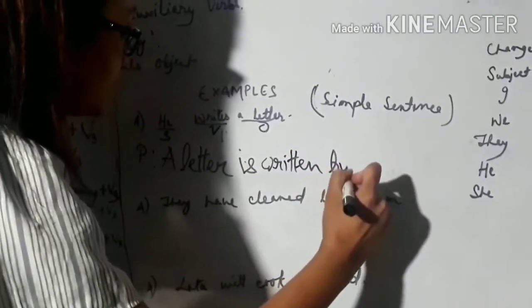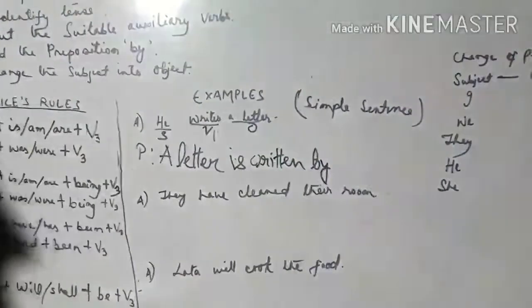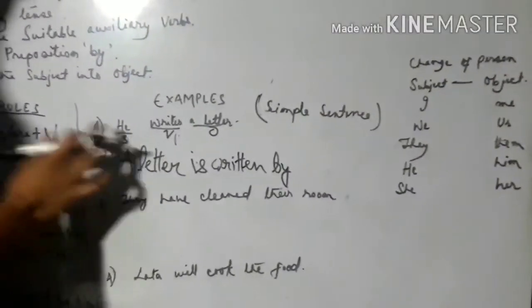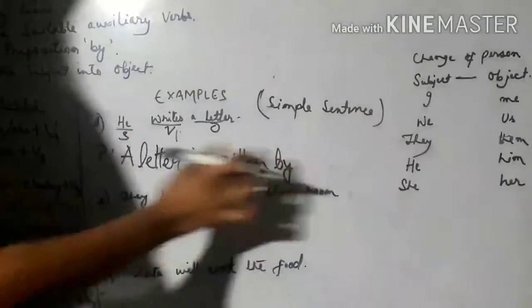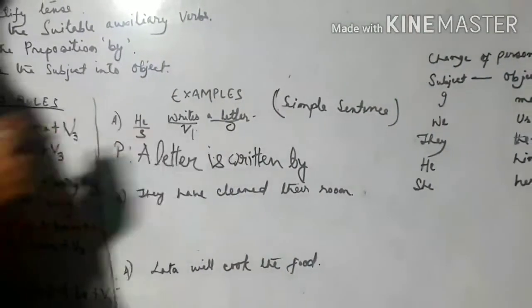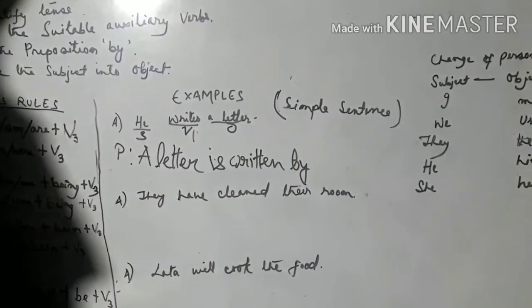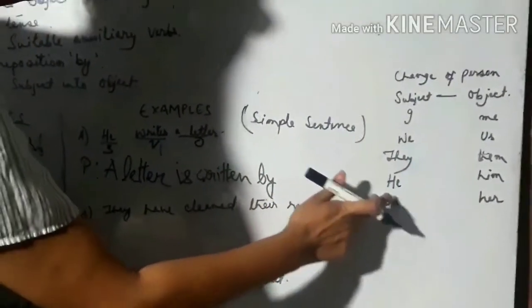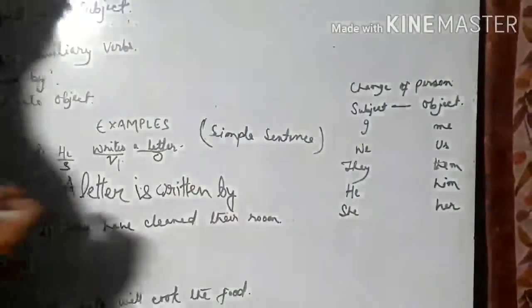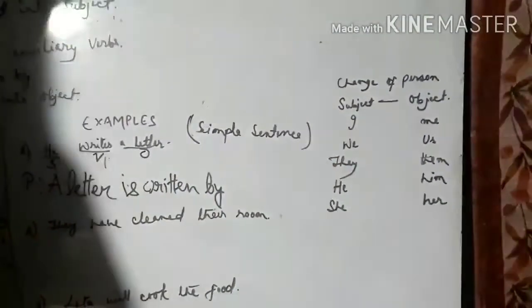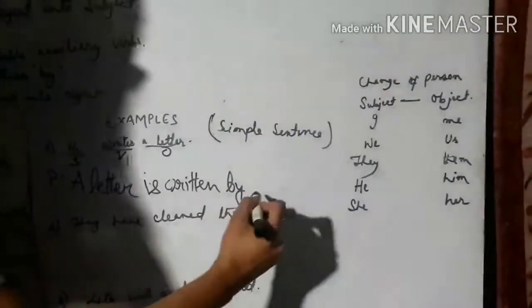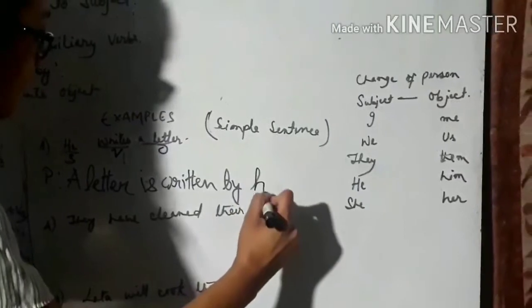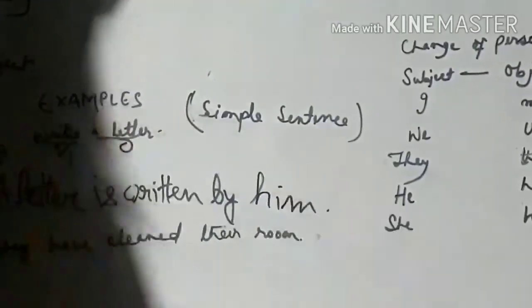Then we need to put the preposition by. Then the subject of the active becomes the object. He is the subject, so he becomes him. By him. That makes sense.